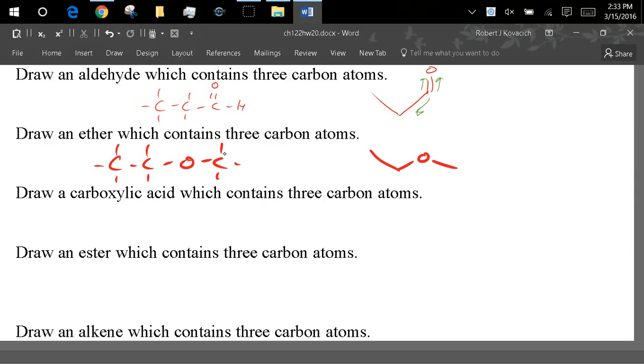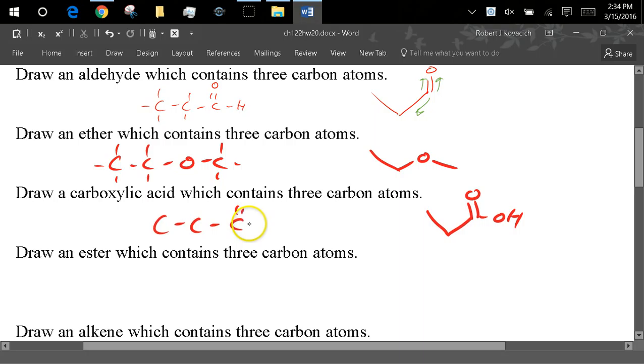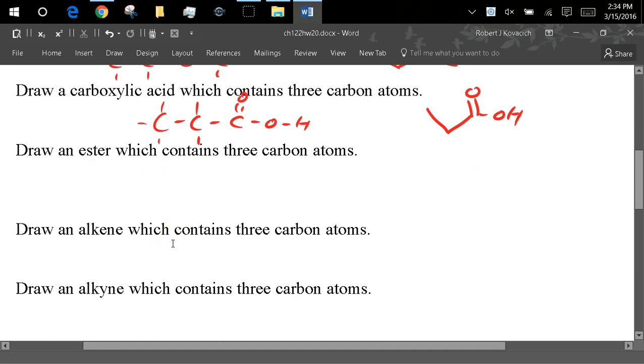Carboxylic acid with 3, so either of those. Ester with 3, ester.